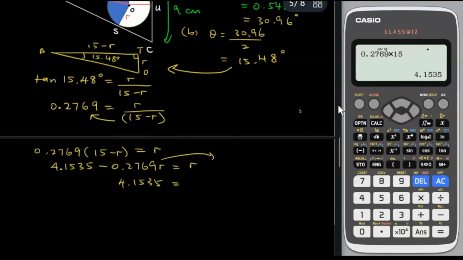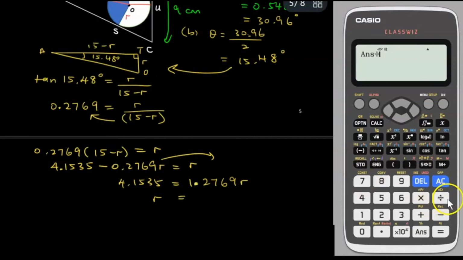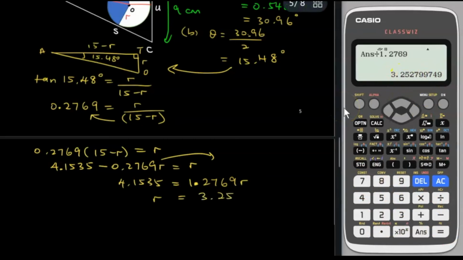So R plus 0.2769 R, we get 1.2769 R. Okay, to find R, we use 4.1535 divided by 1.2769. Okay, and then we get the answer 3.253. Okay, and this is the answer, and the unit is in cm.